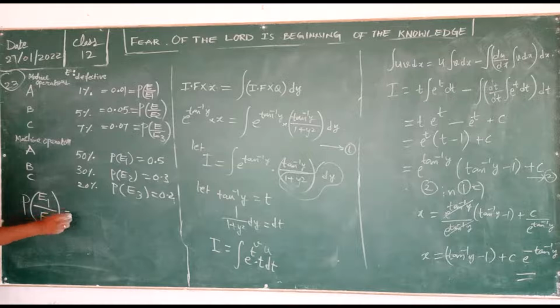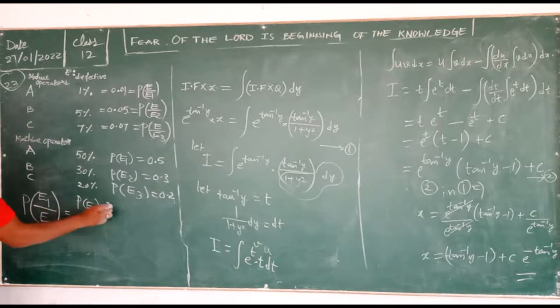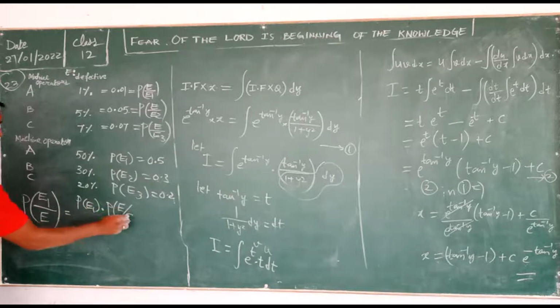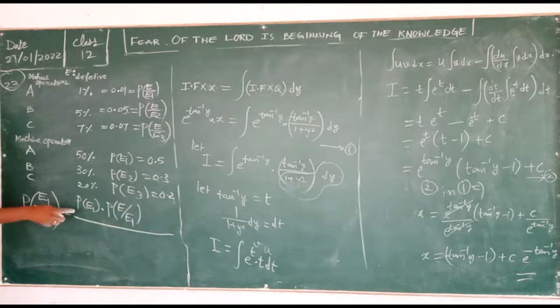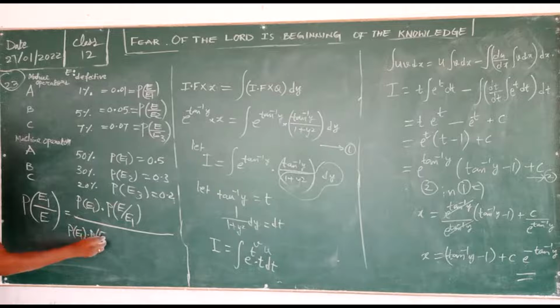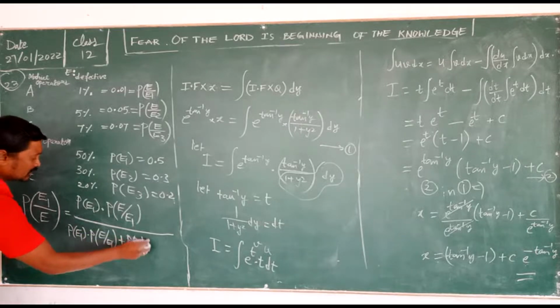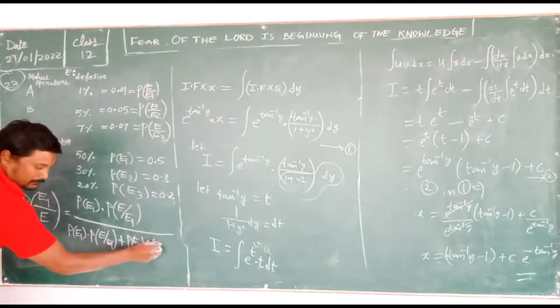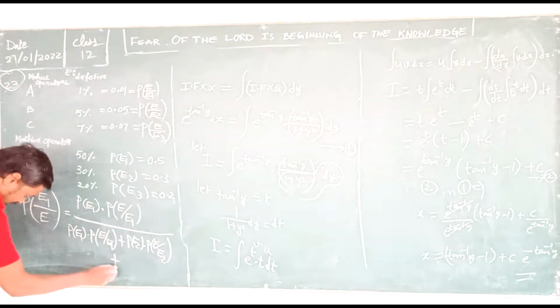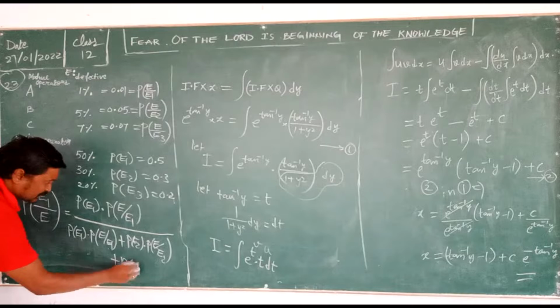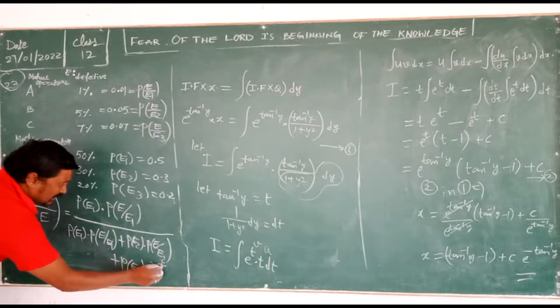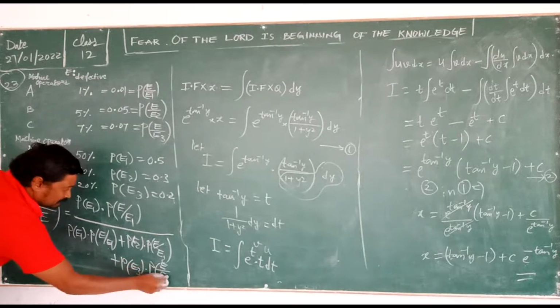P of E1 upon E is nothing but P of E1 into P of E upon E1, upon favorable outcomes over total outcomes: P of E1 into P of E upon E1 plus P of E2 into P of E upon E2 plus P of E3 into P of E upon E3.